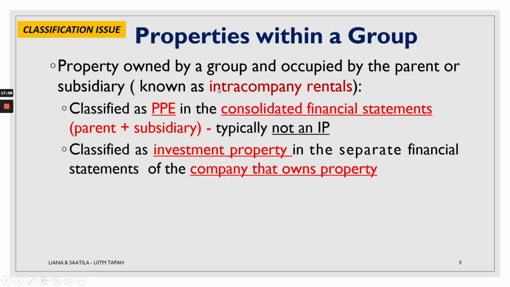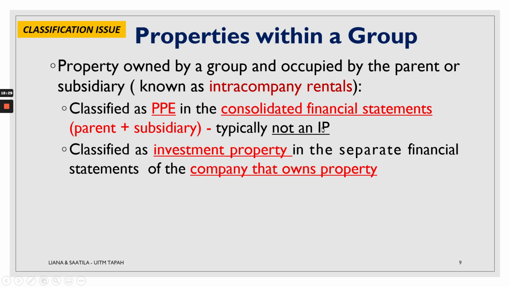This gives rise to intra-company rental income and expenses. According to the standard, it shall be classified as property, plant and equipment in the consolidated financial statements, which combine the financial results of the parent and the subsidiary. So in the consolidated financial statements prepared by the parent, that is going to be a PPE.